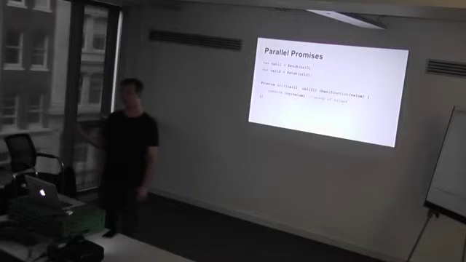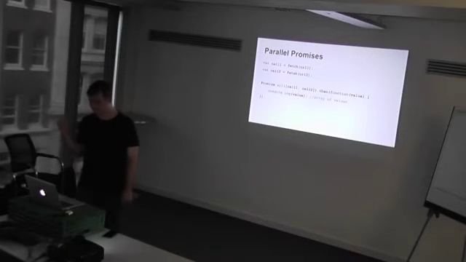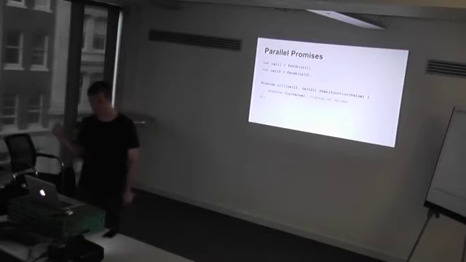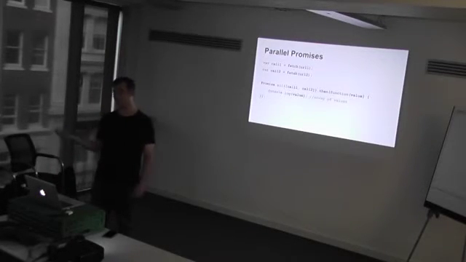They don't have to be Ajax calls, but it will then wait for all those promises to resolve, and when all those promises resolve, you will get your then, basically. If one of them fails, you'll be able to catch it. If everything does resolve properly, you'll get an array with all the results of all those promises.